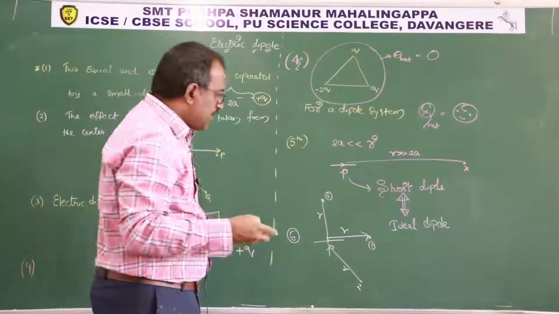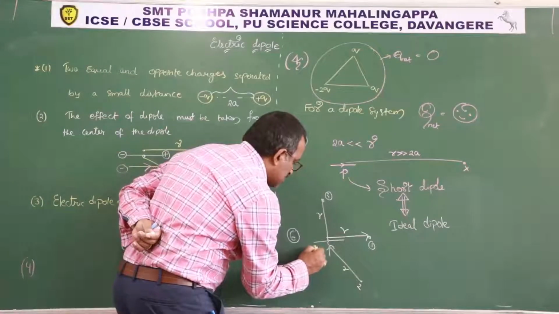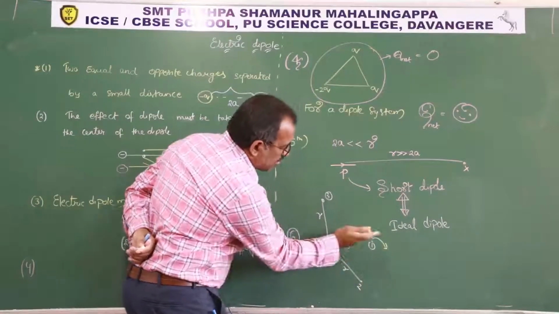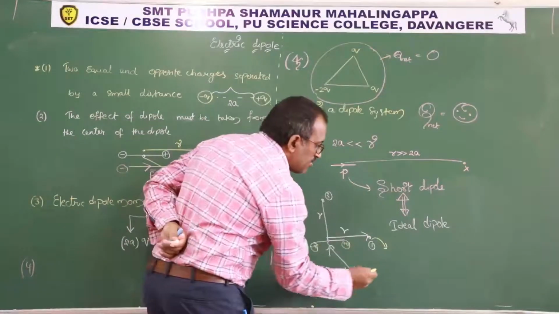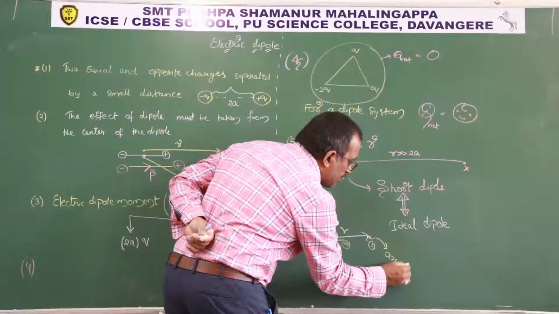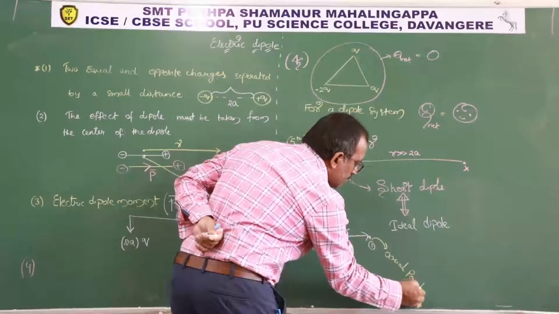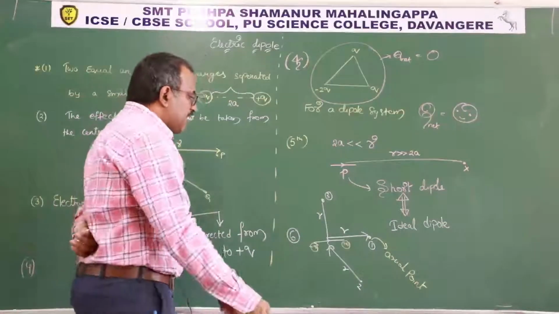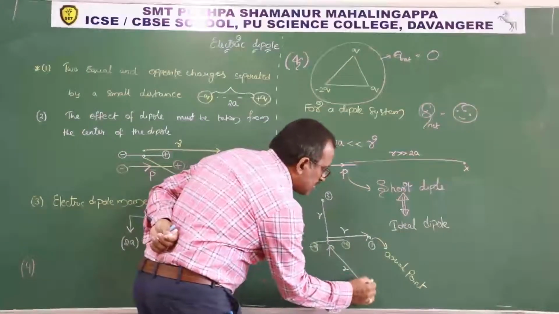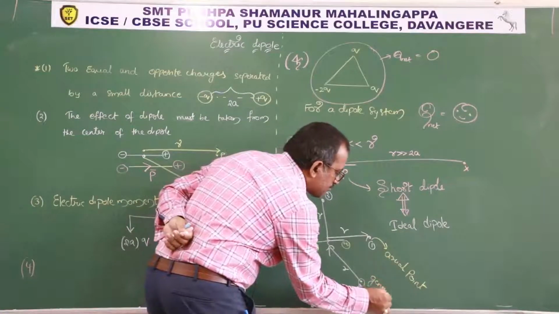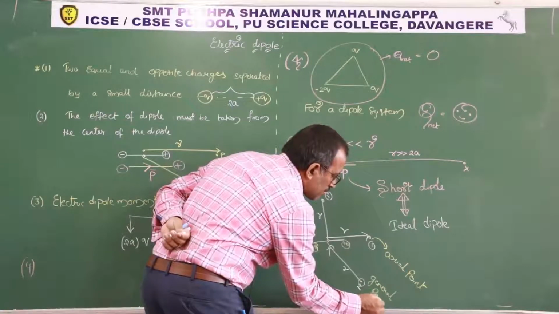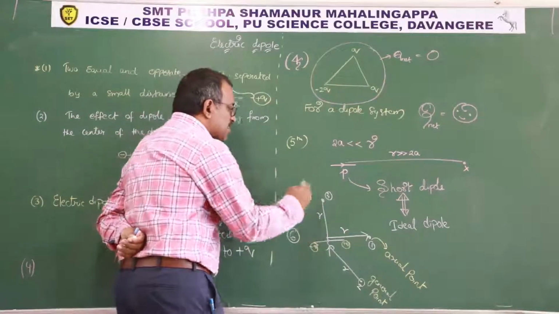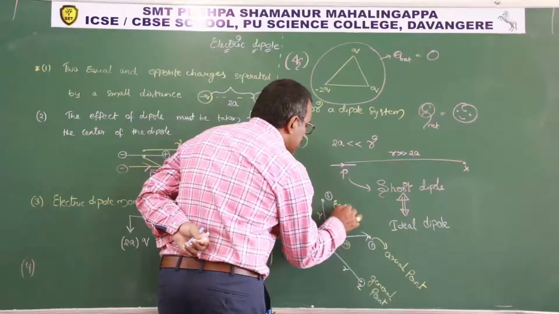You have to understand that this is minus q, plus q, and point 1, on its line of axis, is called as axial point, whereas point 2 is called as general point, any point, whereas point 3 is called as equatorial point.